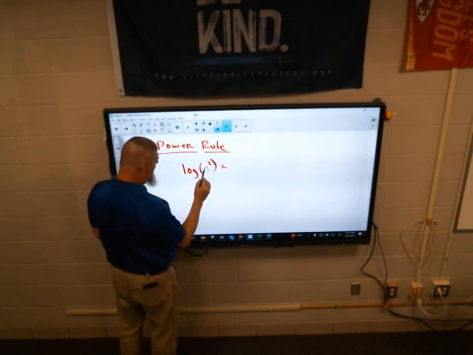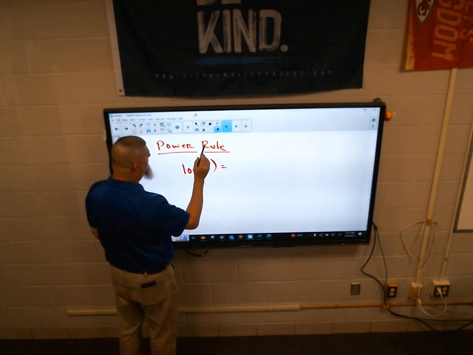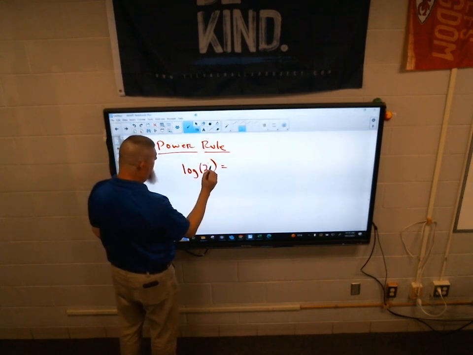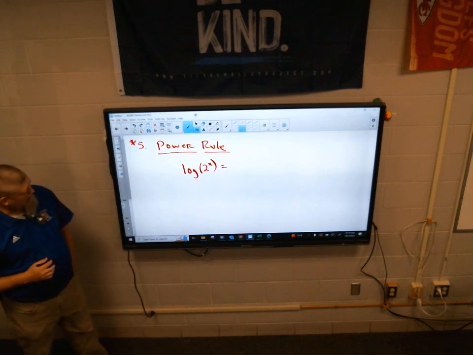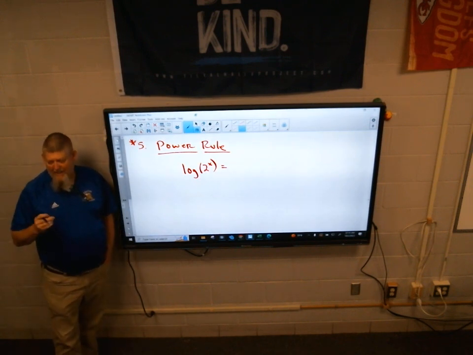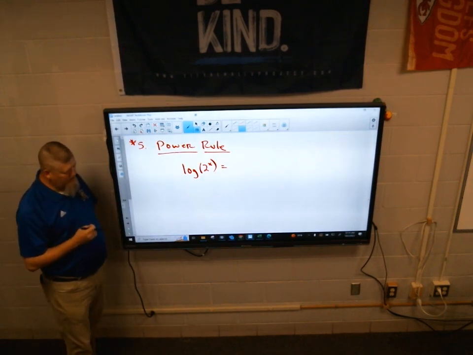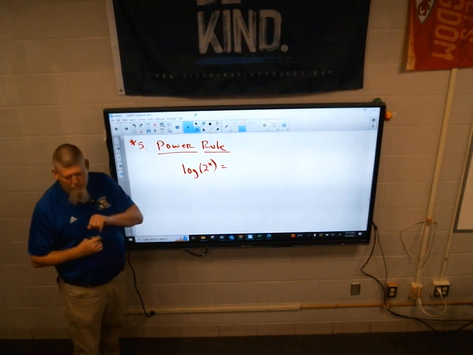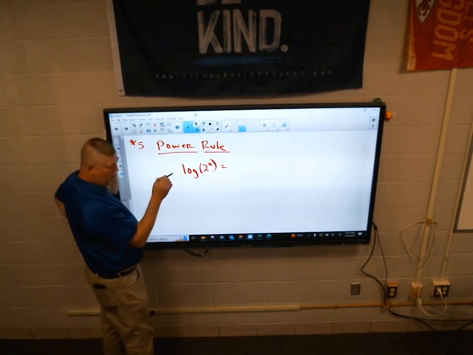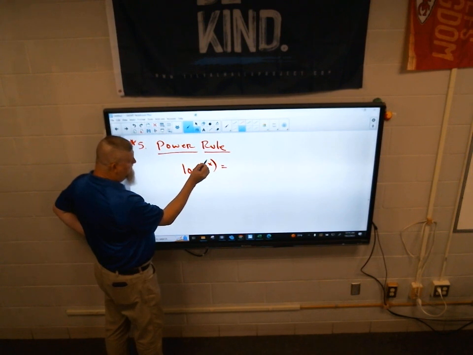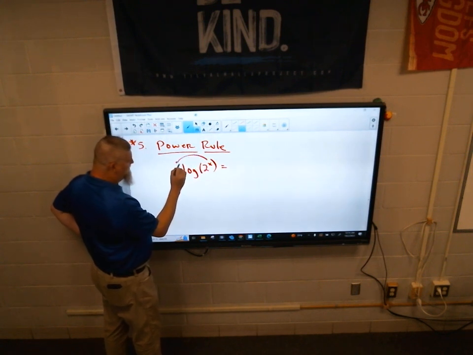Let's say we have 2 to the x power. And I have that the exponent is the unknown. The independent variable is my exponent. So what the power rule allows me to do is rewrite this by taking this exponent and bringing it out front.